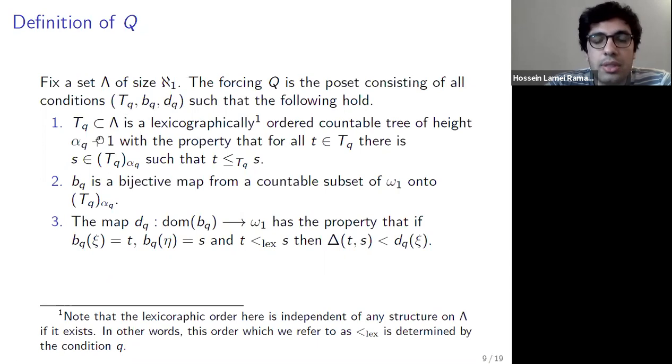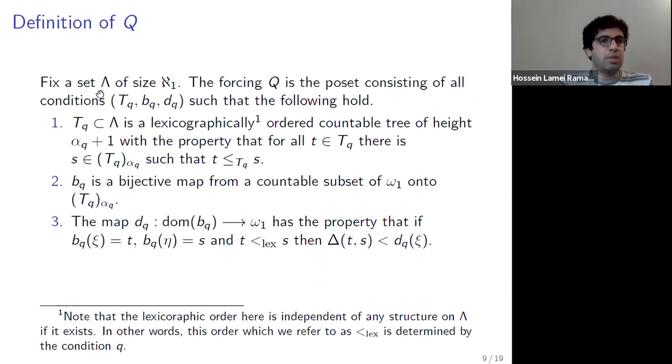So TQ is just going to be a lexicographically ordered countable tree of height alpha q plus 1. So it's going to have a top level with the property that for all t in TQ, there's an element s on the top level such that t is less than s. Here, lambda is just some fixed set, arbitrary, pick your favorite uncountable set, and we're just picking elements from that set.